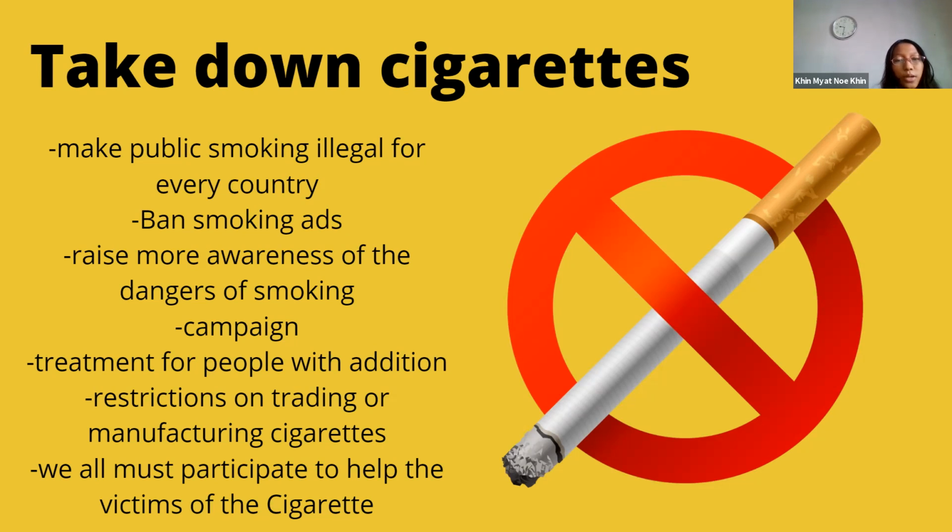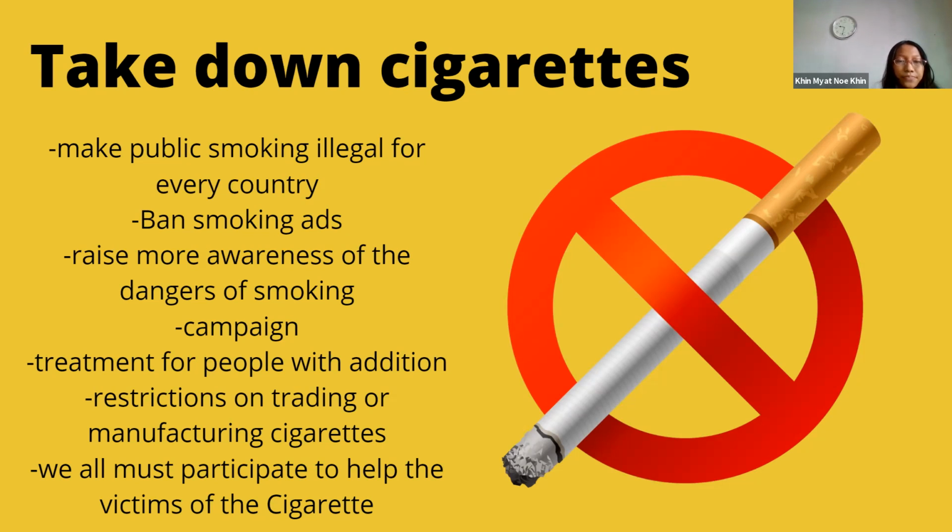The government should prepare the best treatments for people who have a great addiction to cigarettes, like a smoking therapy center. The government has to impose restrictions on trading or manufacturing cigarettes. In addition, the government has to enact more potent laws against smuggling of cigarettes and tobacco products.